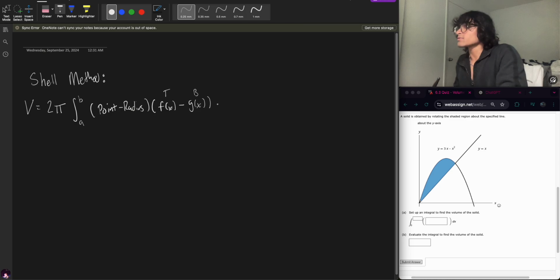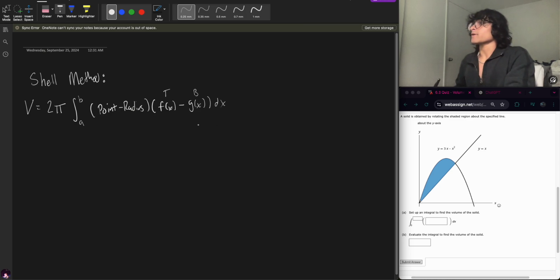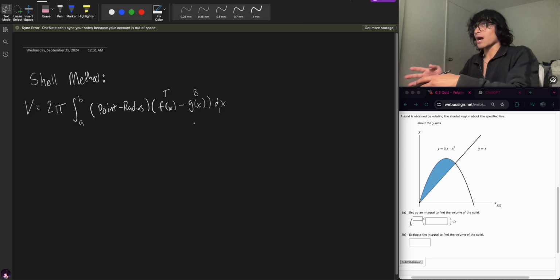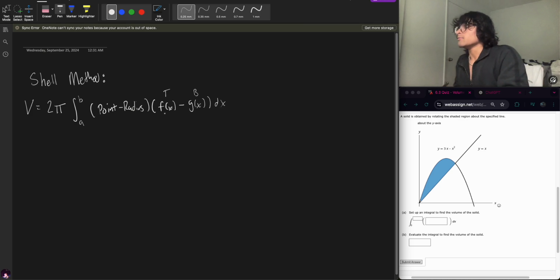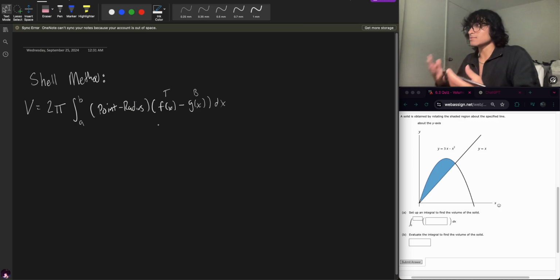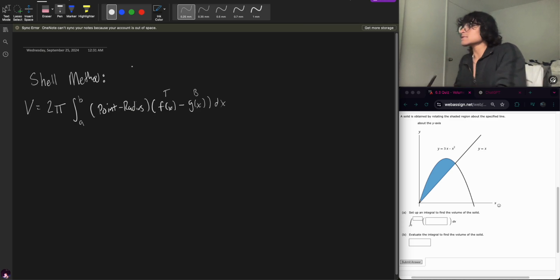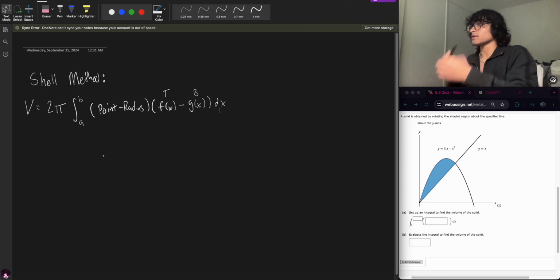And in this formula, it's with respect to dx. Sometimes you'll get problems where you have to put it in terms of y, which I'll show you. But this is the formula. F of x minus g of x can also be seen as height in some formulas, but I like to remember it like this because it's easier to problem solve. So this is the shell method formula that you will always be applying.